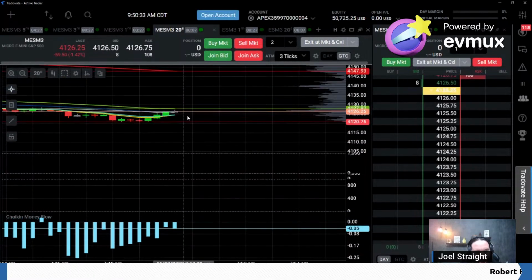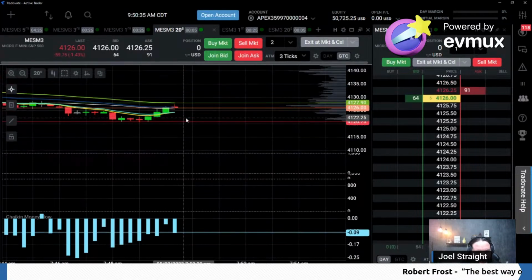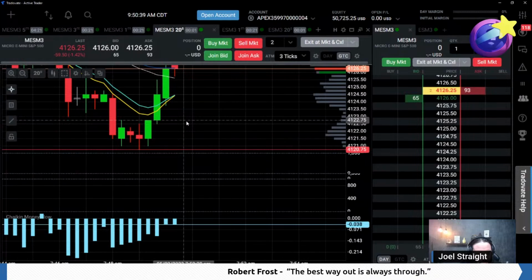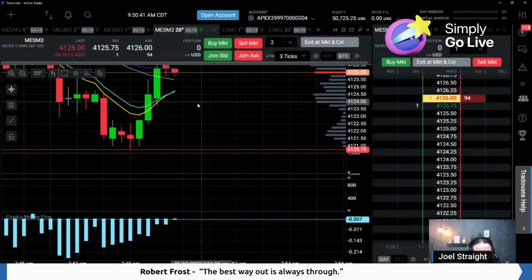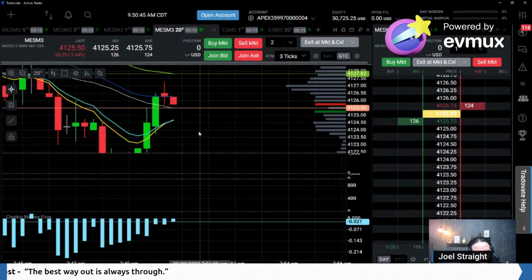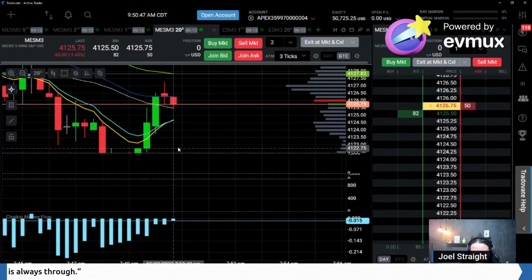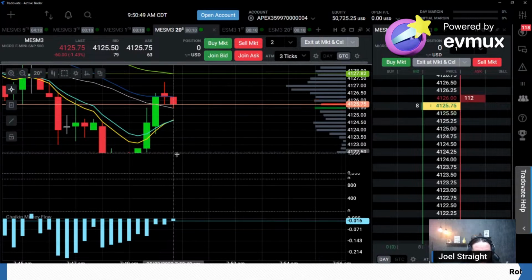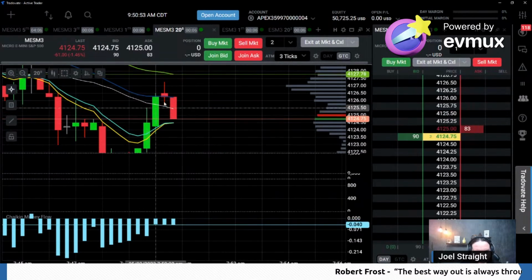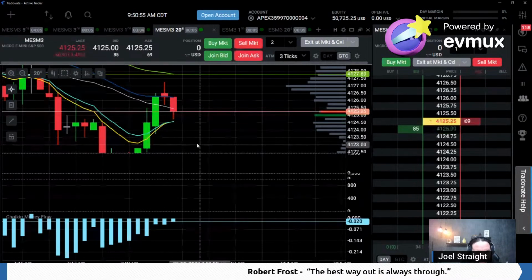This has a very long way to go to actually begin trending upward. Pop from the 41.22 area up to 26. That was a really good run right there.